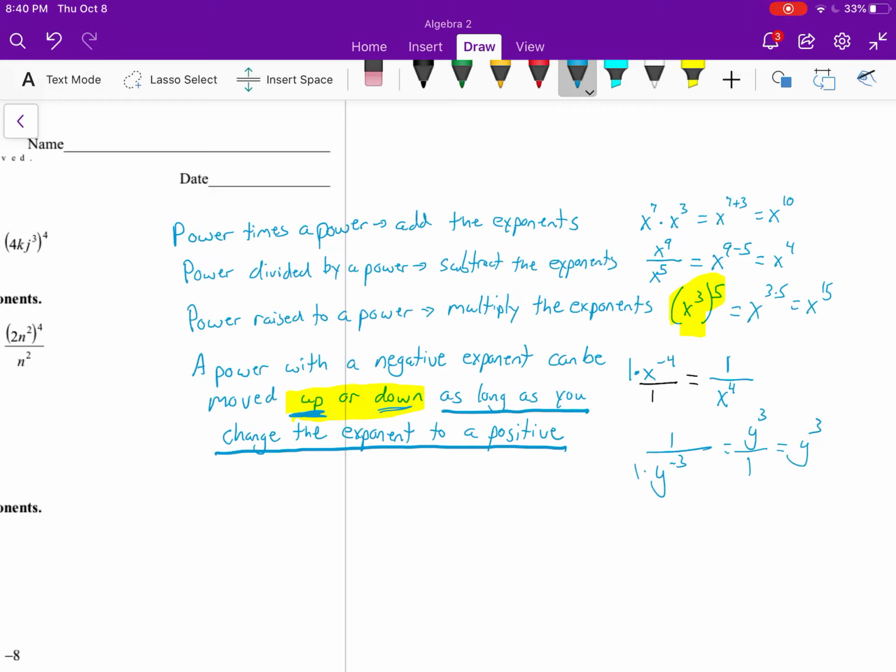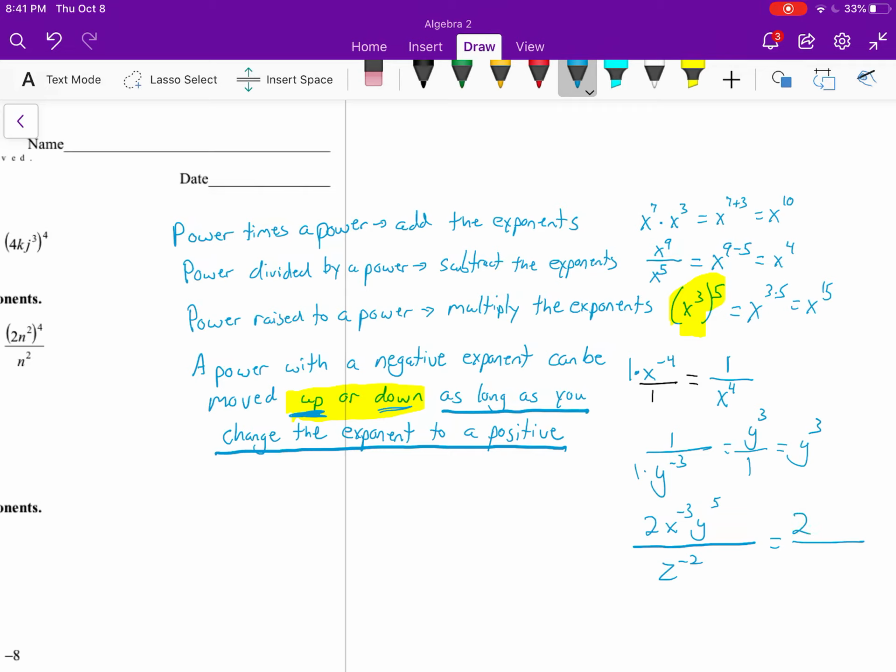And then just so you see this happen in other circumstances, you might have like a 2, x to the negative 3, y to the 5th, over z to the negative 2. And we notice we have negative exponents, and we're not supposed to keep negative exponents. So the 2 remains the same.